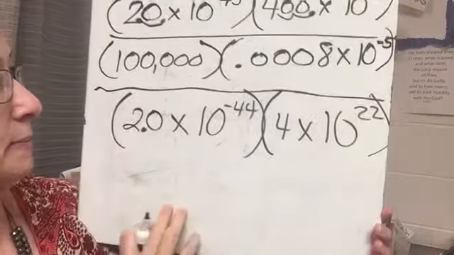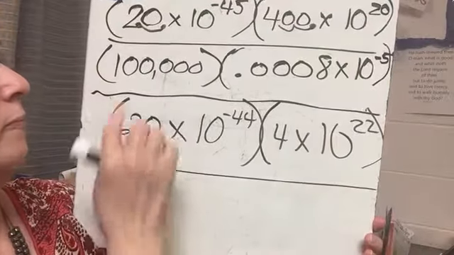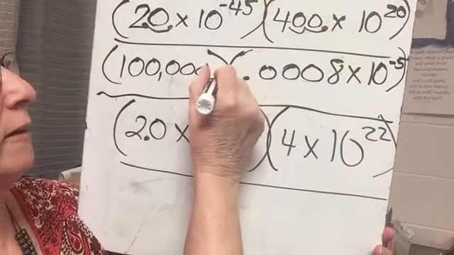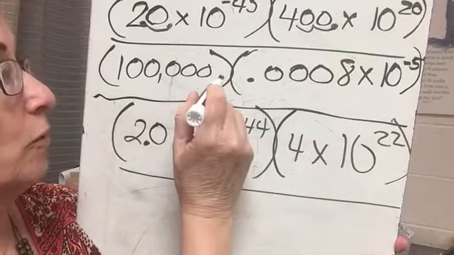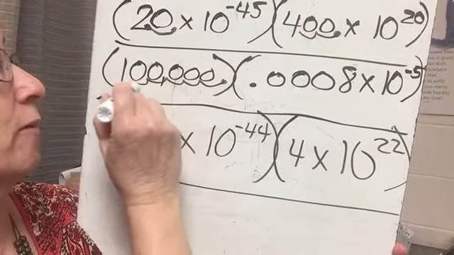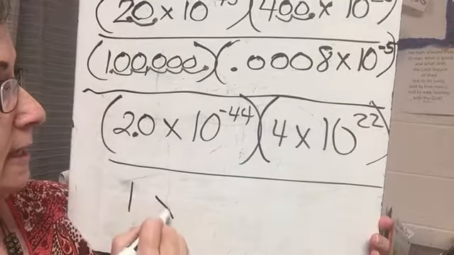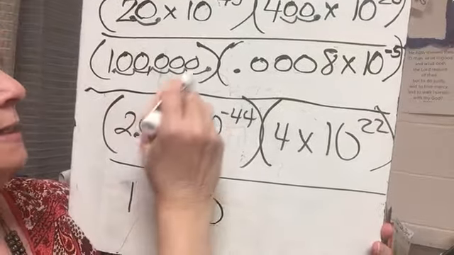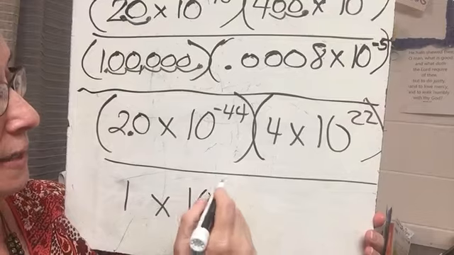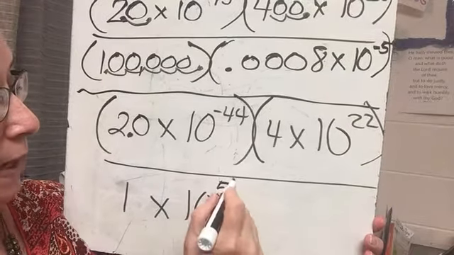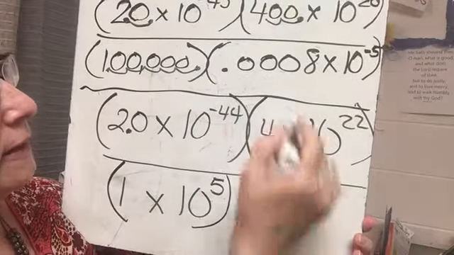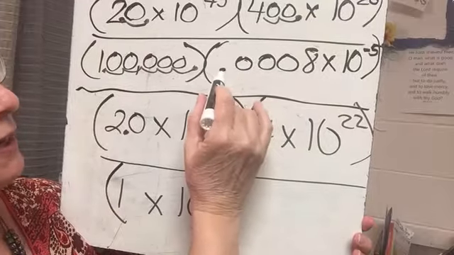So now, down here, we have our decimal here. It has to move 1, 2, 3, 4, 5 places to get there. So that's a 1 times 10. Since I moved it 5 to the left, this one has to move it 5 to the right. Okay, and then this one is very small.